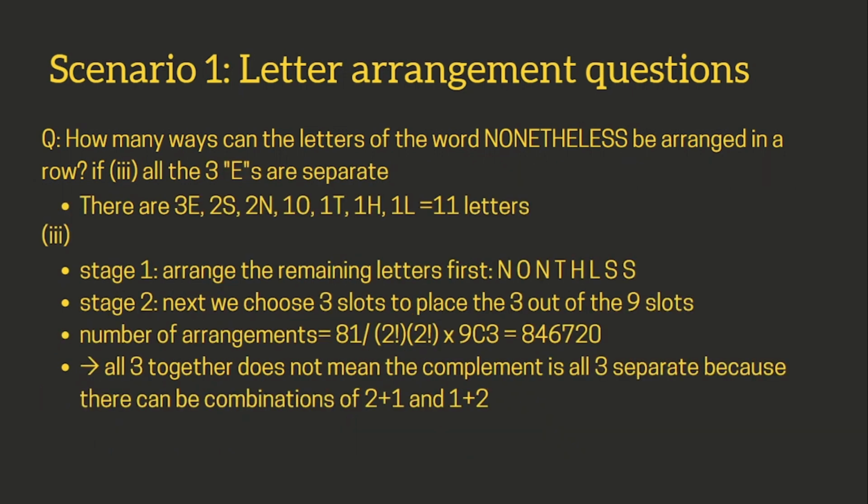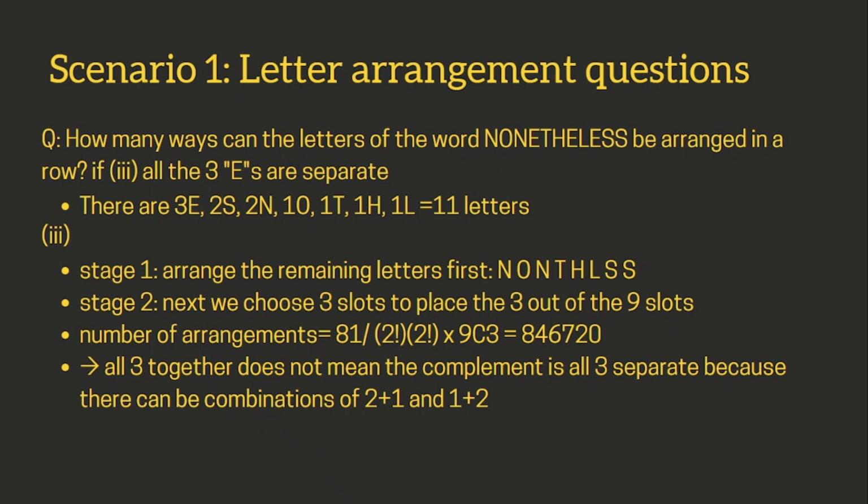Then the last part is where all 3 E's are separate. So for this question, we try to arrange the remaining letters first. So we arrange the N, O, N, T, H, L, S, S. Then next, we choose 3 slots to place the 3 E's among the 9 slots. So the number of arrangements will be 8 factorial divided by 2 factorial, divided by 2 factorial.